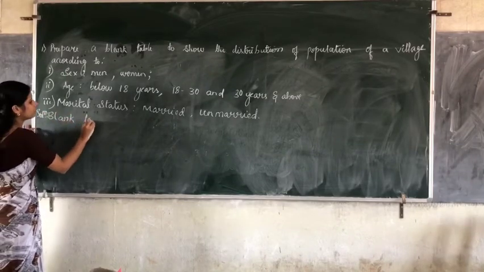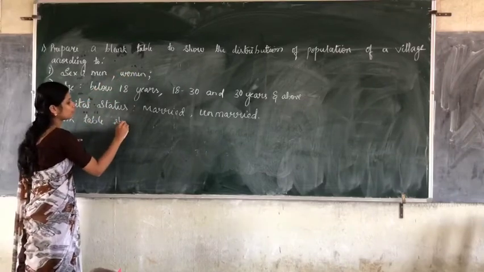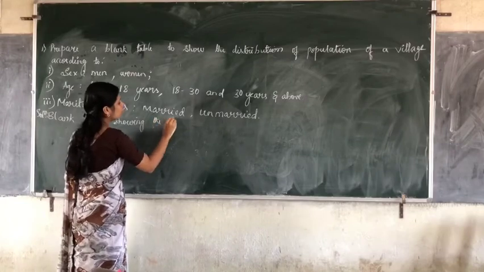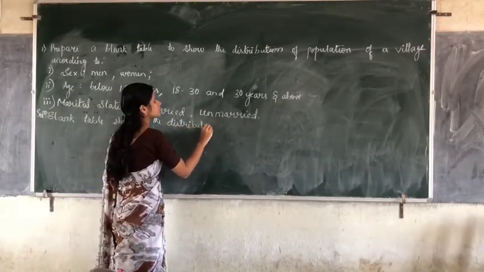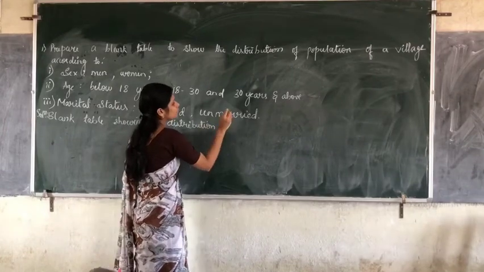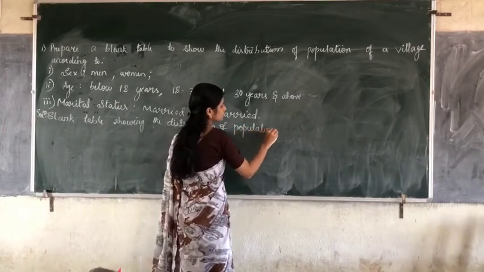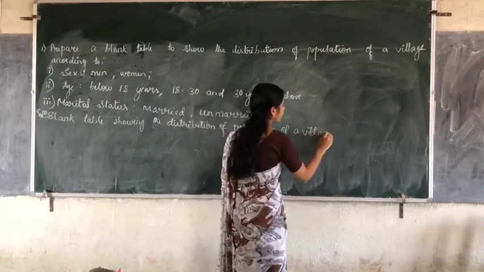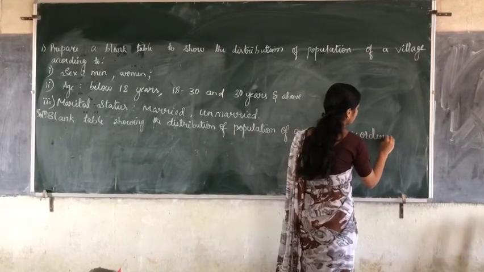Blank table. What does it show? Showing the distribution of population of village, according to what?